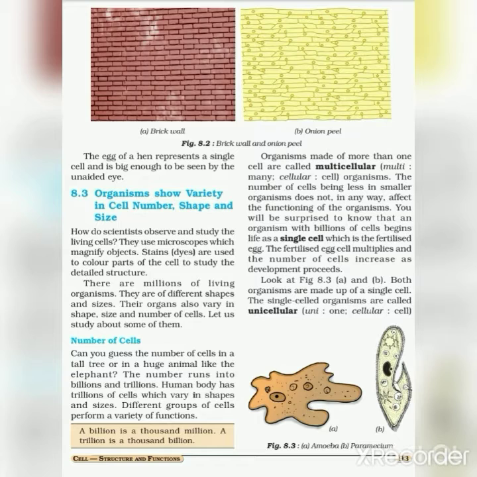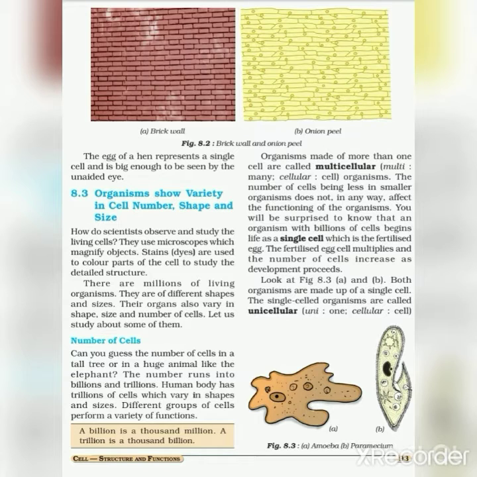Amoeba is a unicellular organism, but it performs all the necessary functions that a multicellular organism performs. The shape of amoeba is irregular, or there is no definite shape, unlike other organisms. It keeps on changing its shape due to the formation of pseudopodia. Now what is pseudopodia?